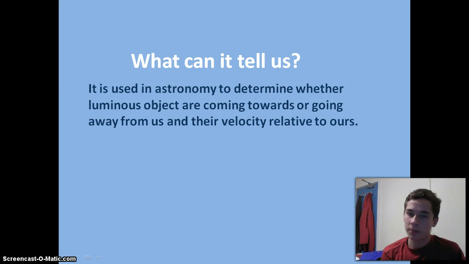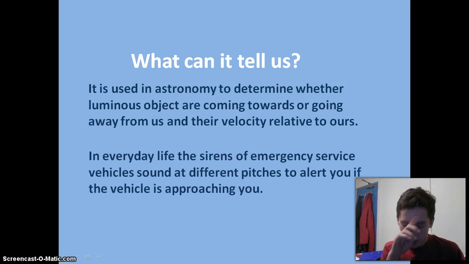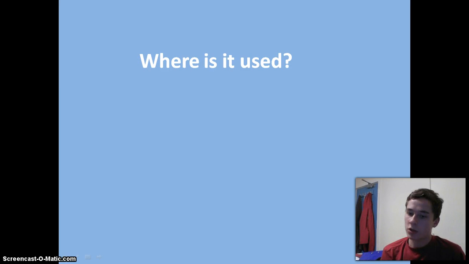Furthermore, if you've ever heard the siren of an emergency vehicle, it often sounds different depending on whether the vehicle is going away from or towards you, so you can be alerted if a vehicle is approaching and you may have to react, or if it is going away from you and won't affect you. Where else is it used?